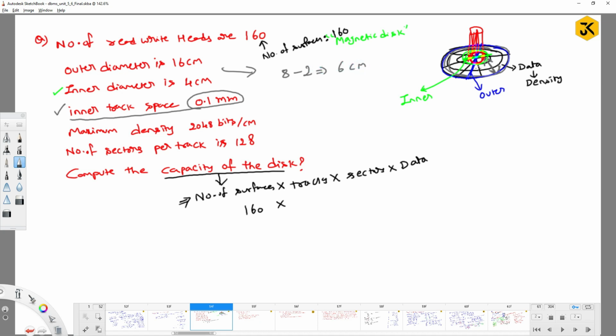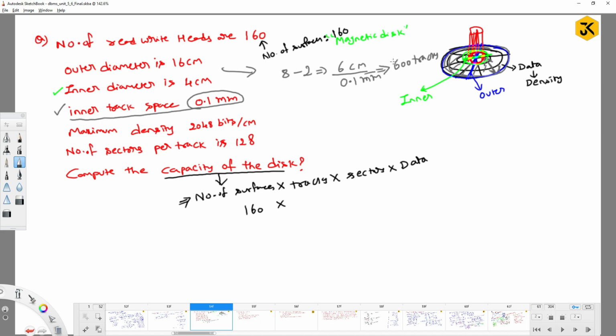The actual tracks are available in a 6 centimeter radius, and each track takes 0.1 mm, which gives 600 tracks. So the number of tracks you got is 600. I hope you understood. Meters, millimeters and centimeters can be converted in any order.